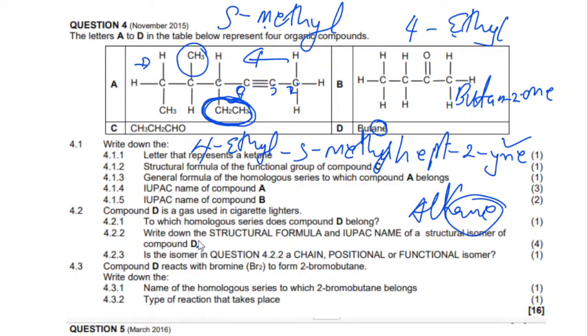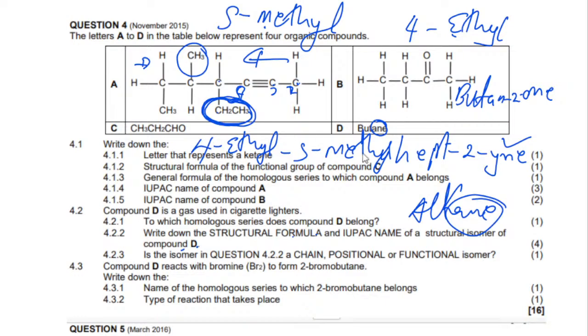Okay, they're saying write down the structure formula and IUPAC name of a structural isomer of compound D. So what are you going to write?